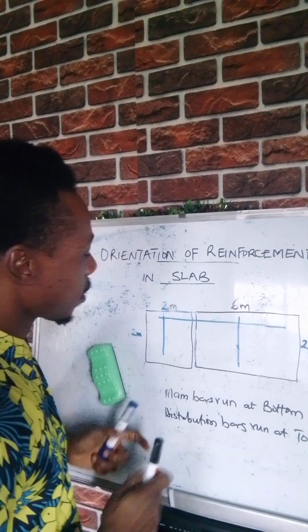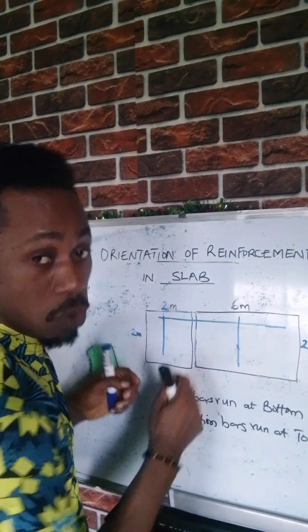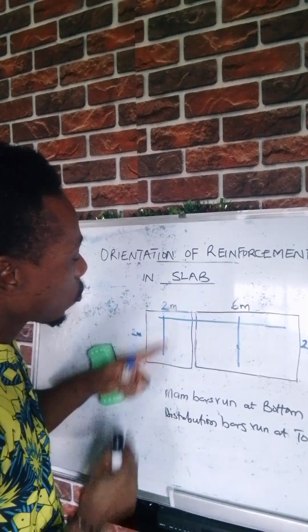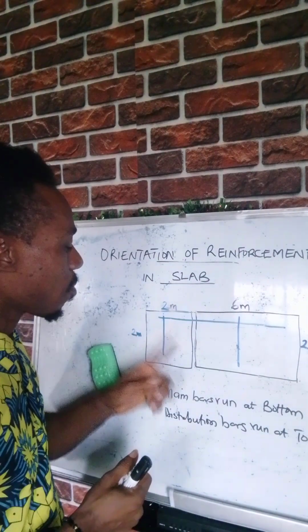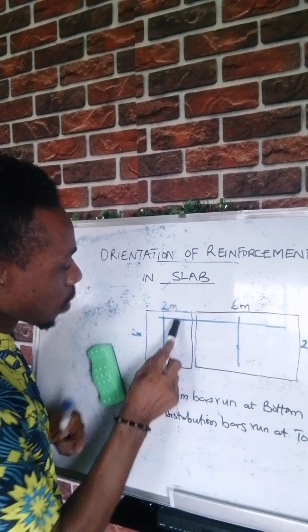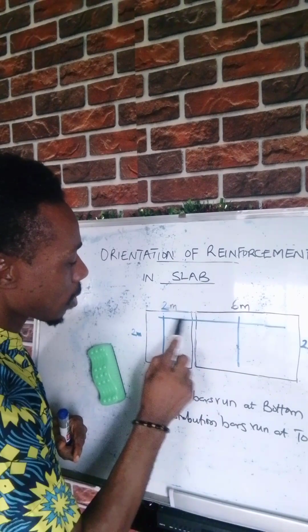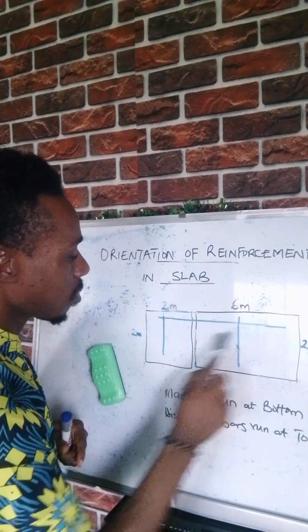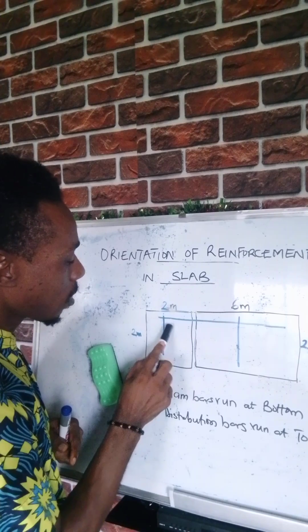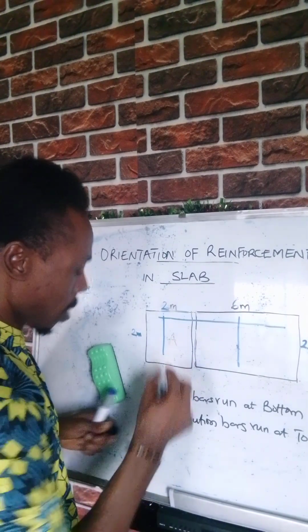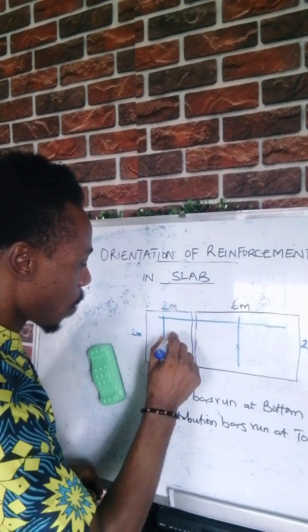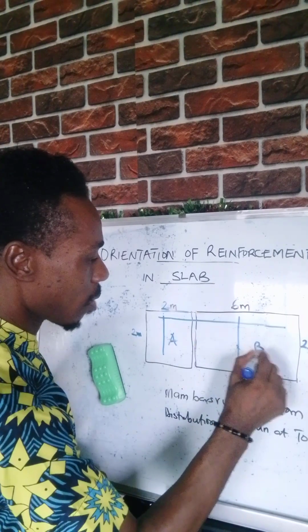Now you see that this bar that runs, you can decide to have it act as the main bar for this panel. That is, you can have this reinforcement that crosses these two panels. This is panel A. This is panel B.